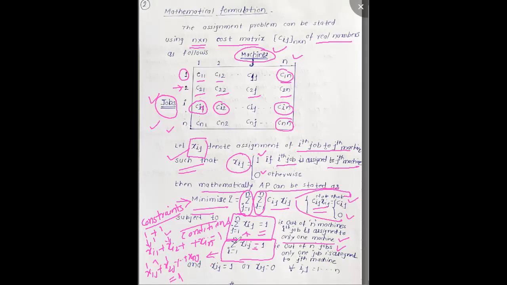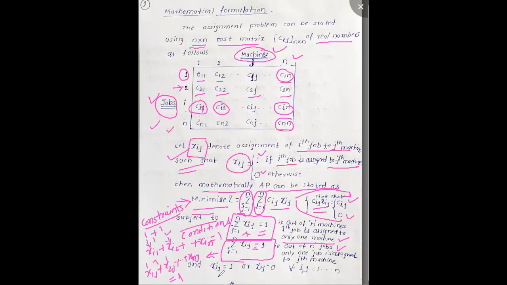We do not want it 2, 3, 4. We want it 1. It is possible only when we assign only one job, out of n jobs, to the jth machine. In that case, this sum will be 1. So these are the conditions.